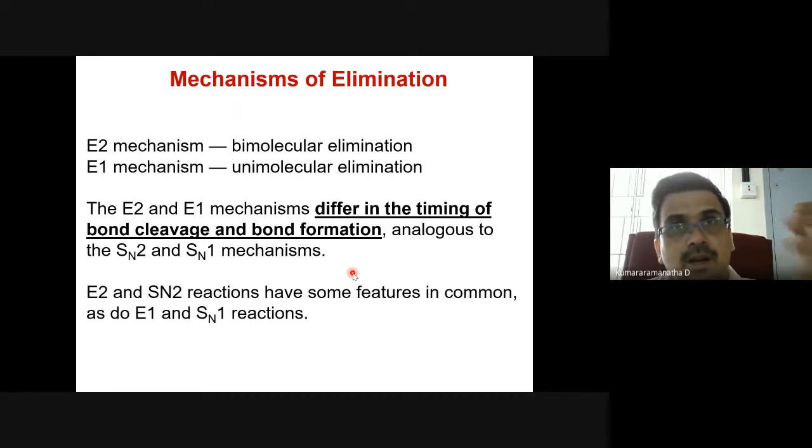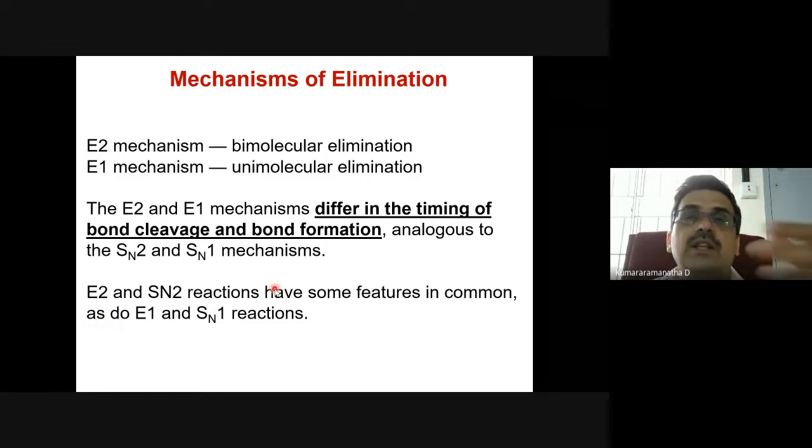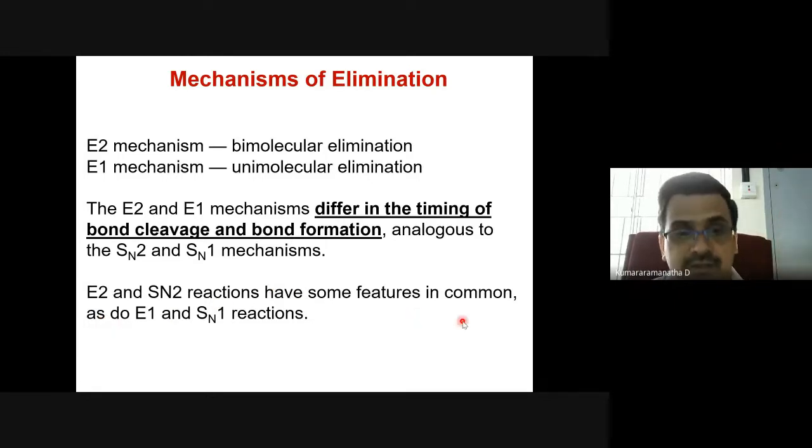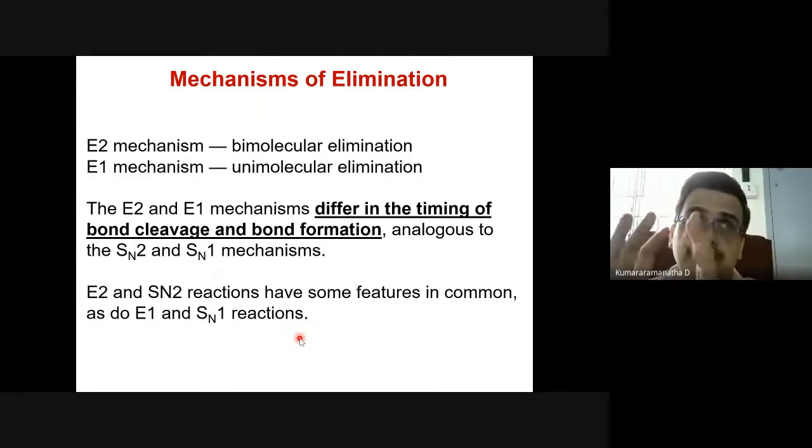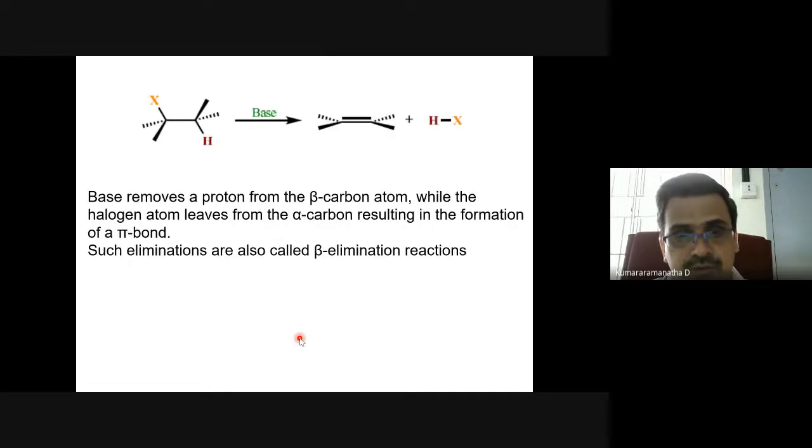Now, you might be wondering, we are removing, but what about the transition state and carbocation formation? In that case, both E2 and SN2 have several common features, along with E1 and SN1, because until the transition state it is the same. Later, whether you are removing the bonds or substituting the bonds, that makes elimination versus substitution.